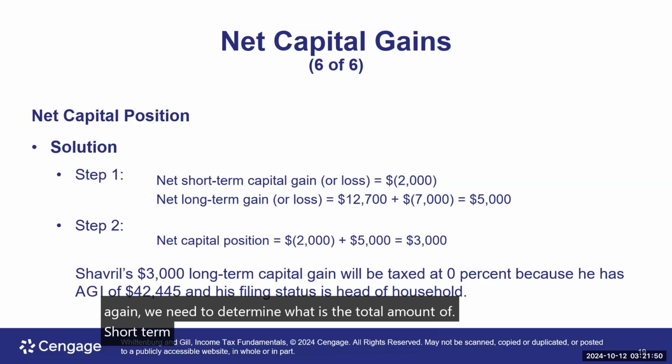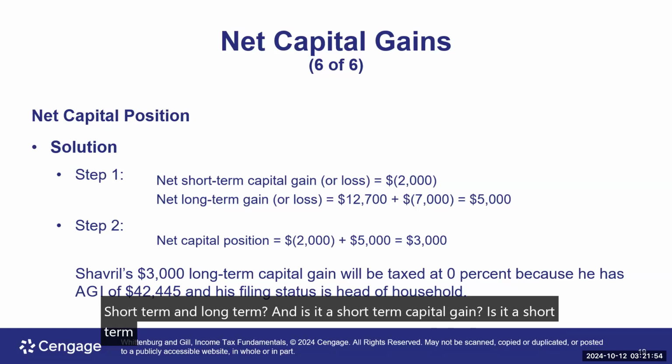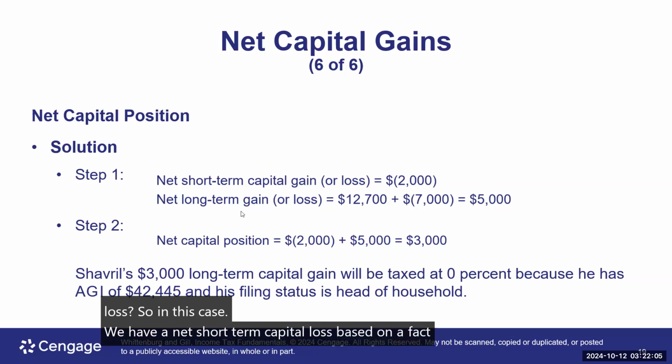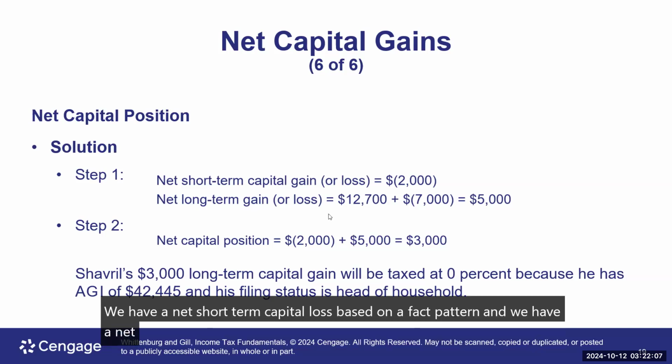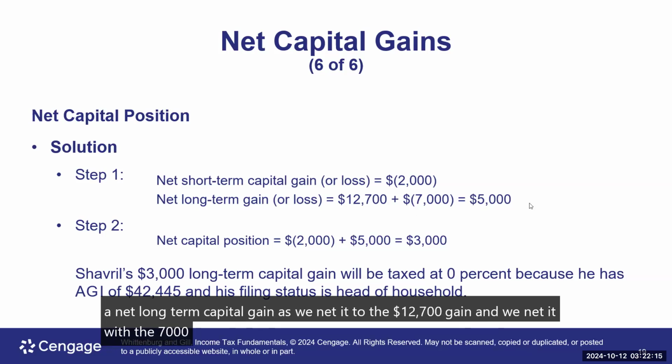Is it a short-term capital gain? Is it a short-term capital loss? And is it a long-term capital gain, or is it a long-term capital loss? So in this case, we have a net short-term capital loss based on the fact pattern, and we have a net long-term capital gain. As we net the two, the $12,000 gain, and we net it with the $7,000 long-term loss, we have a net long-term gain of $5,000.